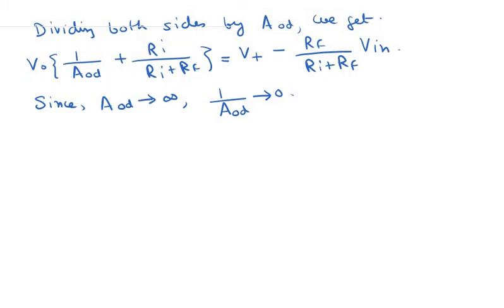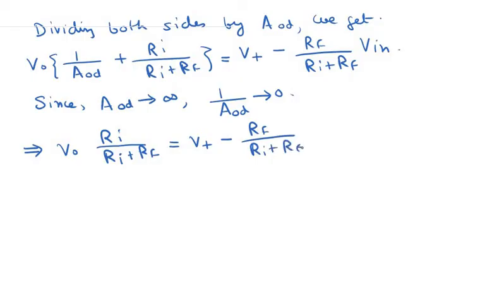Okay, so we get the equation V0 times Ri divided by Ri plus Rf equals V plus minus Rf divided by Ri plus Rf V in.